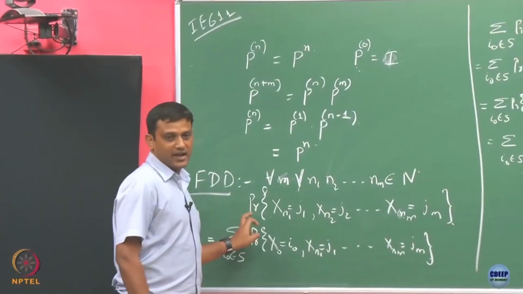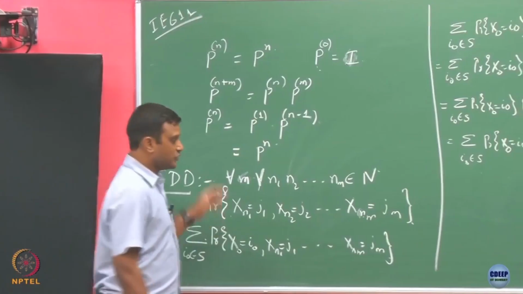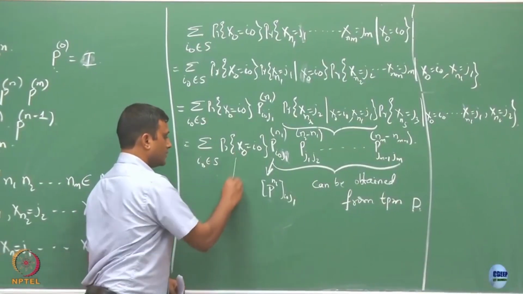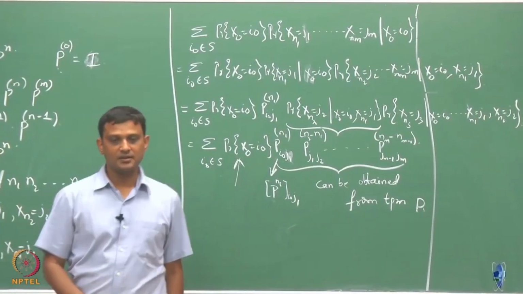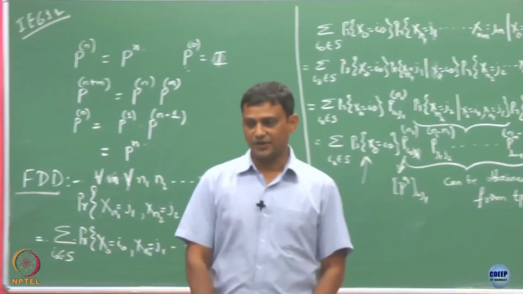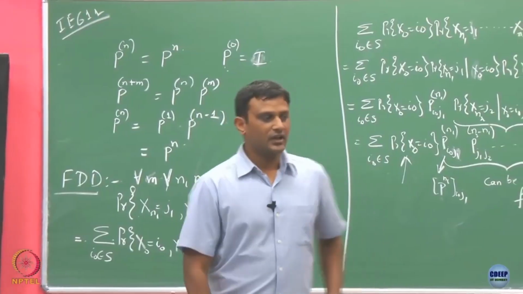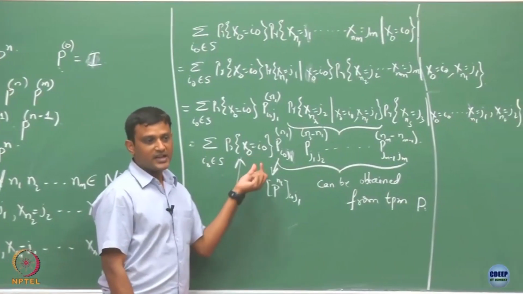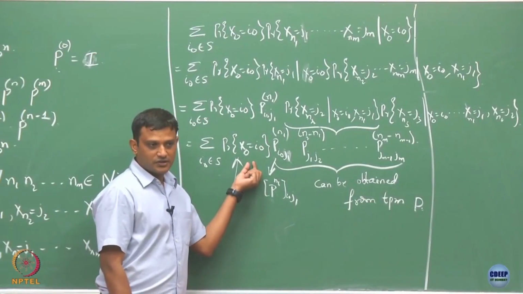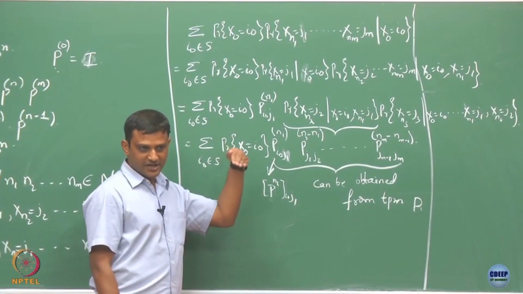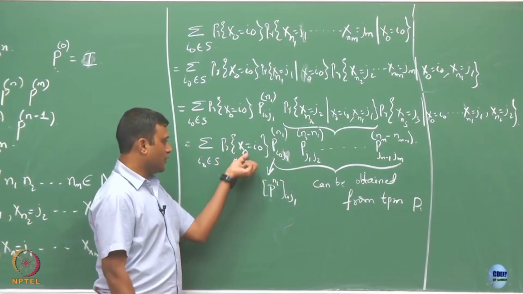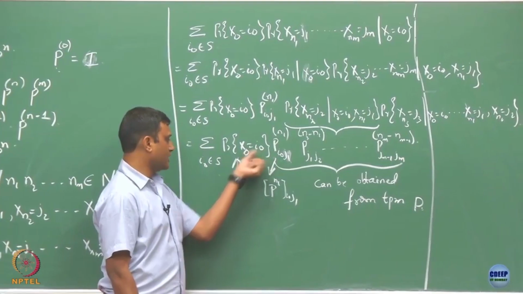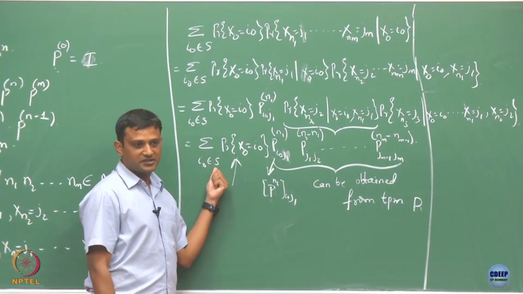But still, to complete this finite dimensional distribution, I need one more term, which is the probability that x0 equals i0, and this is usually called the initial distribution. So x0 is your initial step, and you want to know the probability that the initial step takes state i0, for all possible states.